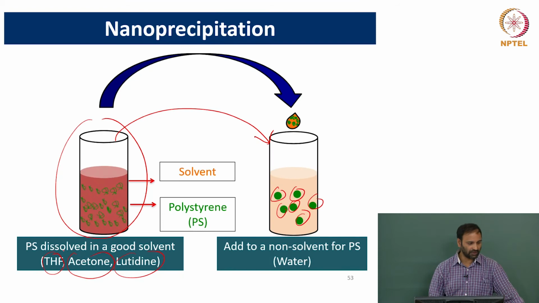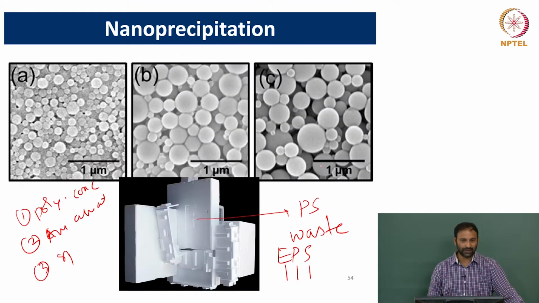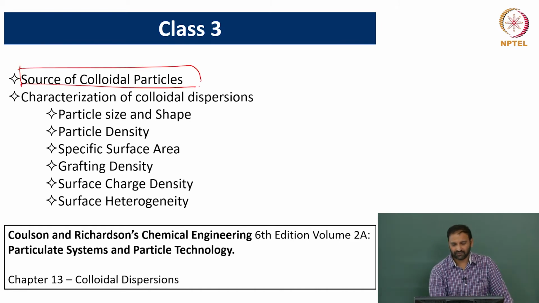When I add it, I am mixing it vigorously. By playing with the mixing speed, I can control the size of the particles that I'm able to generate. So this is some information about the source of particles, where we get them from, and how we synthesize them in the lab.